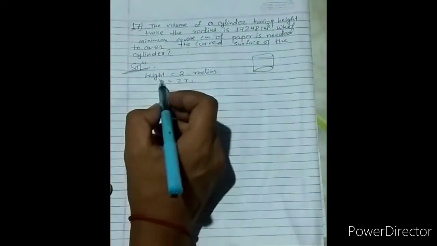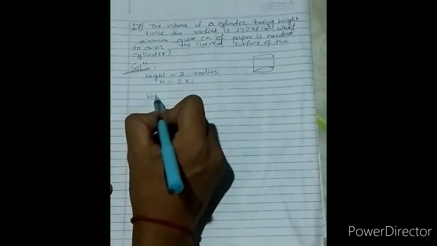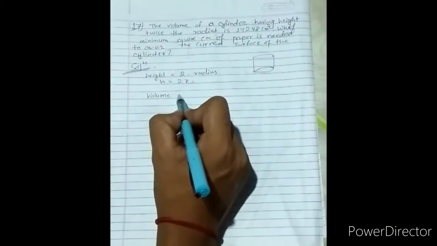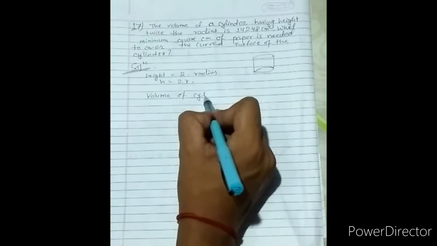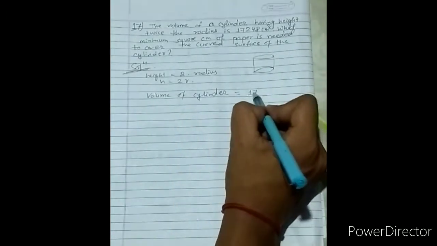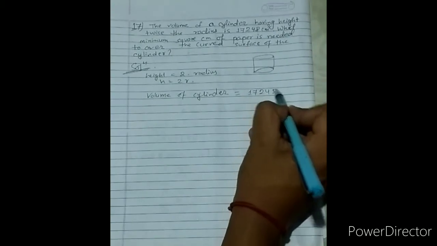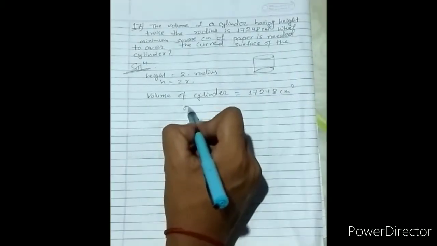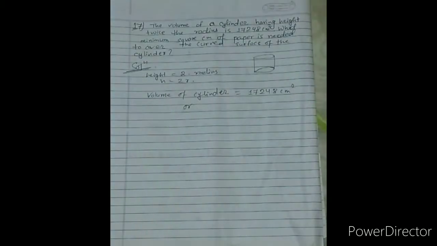Volume of cylinder is given as 17,248 cm cube. What is the formula of volume of cylinder?